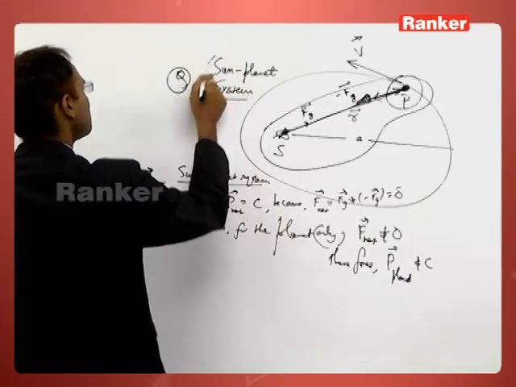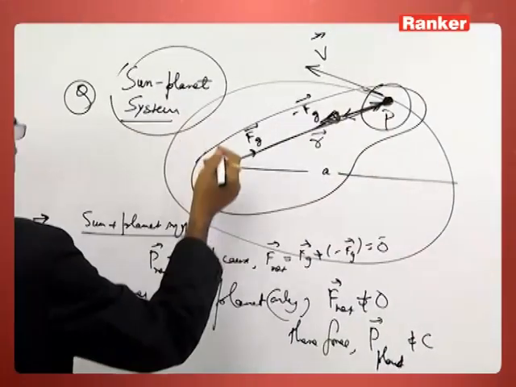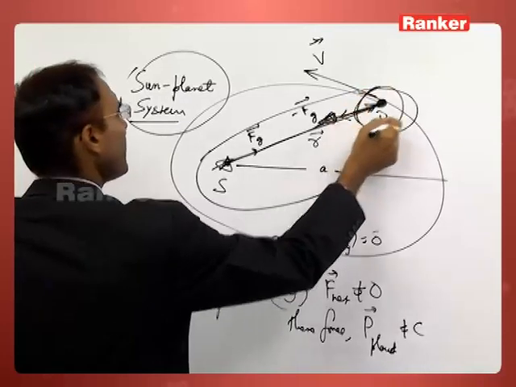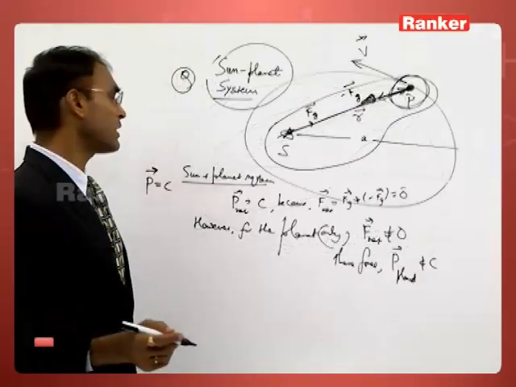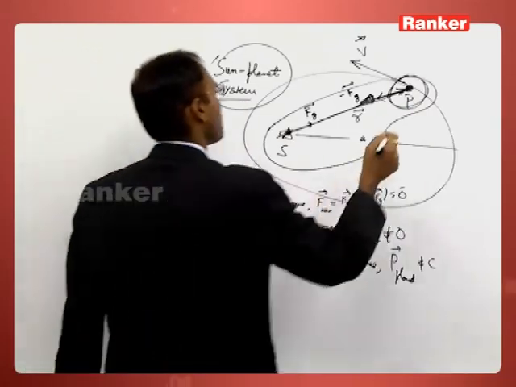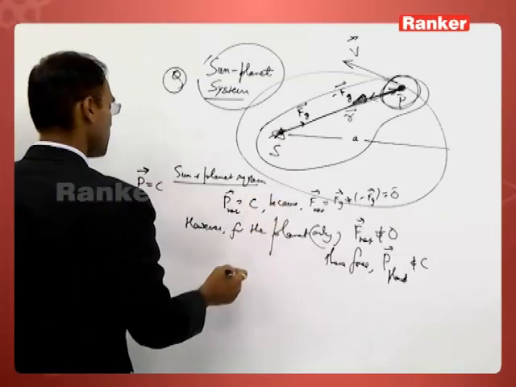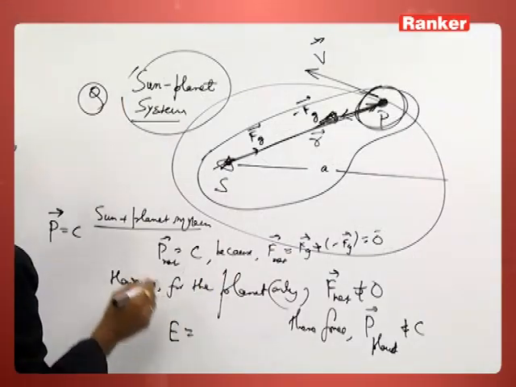So, on the sun-planet system, you can conserve the linear momentum, you can also conserve the angular momentum. However, if you take the planet only, you cannot conserve the momentum, but due to the gravitational force being a conservative force, you can conserve the energy.